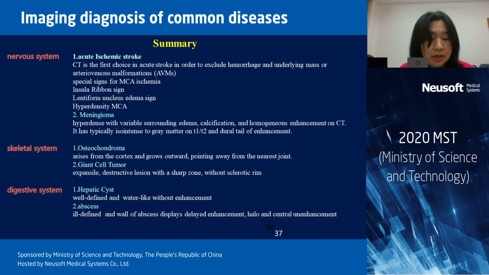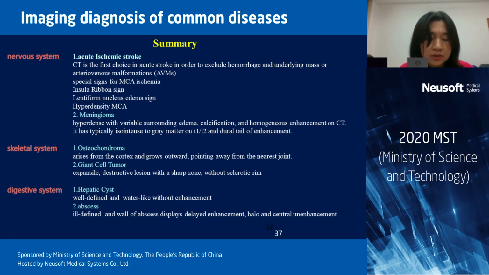We can see the special signs for MCA ischemia, containing insular ribbon sign, lentiform nuclear edema sign, hyperdense MCA. And 2. Meningioma. Meningioma is hyperdense with variable surrounding edema, calcification, and homogeneous enhancement on CT. It has typical iso-intensity to gray matter on T1 and T2 weighted imaging, and dural tail of enhancement.